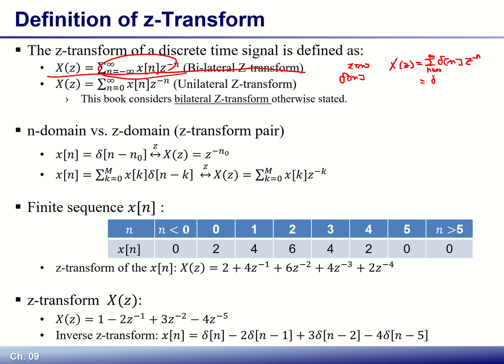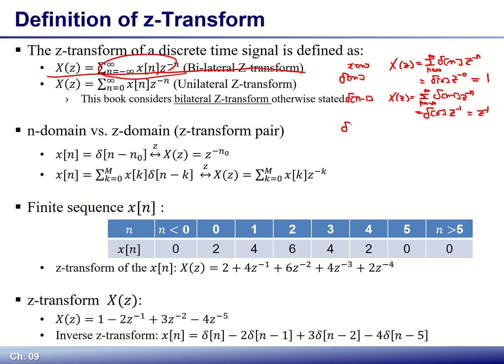So delta[0] z to the minus 0 will be 1. What about shifted by 1? Then X(z) will be the sum over n of delta[n minus 1] z to the minus n. When n is 1, delta is nonzero, so it will be z to the minus 1.